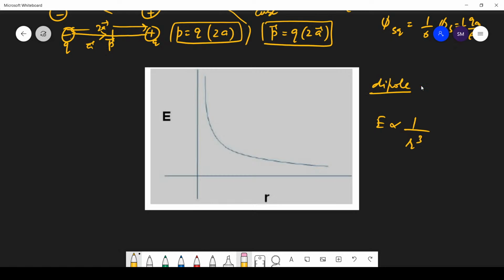whether it is on the axial or on the equatorial. On the axis means a point anywhere on the axis, or a point anywhere on the equatorial plane.